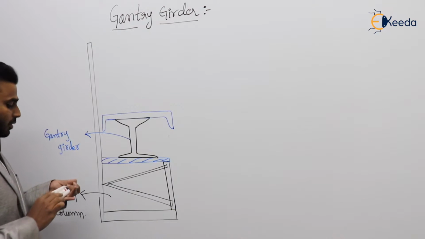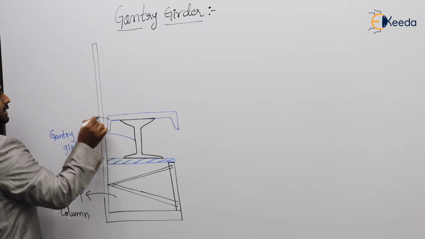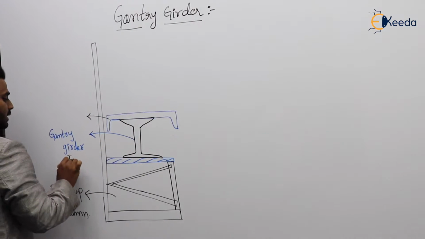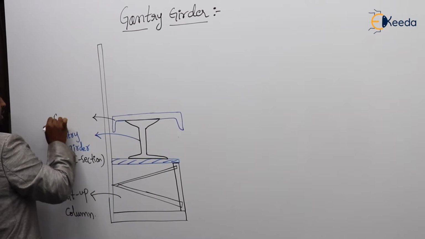Clear? This is the channel we have provided on the top of the gantry girder, the I section.